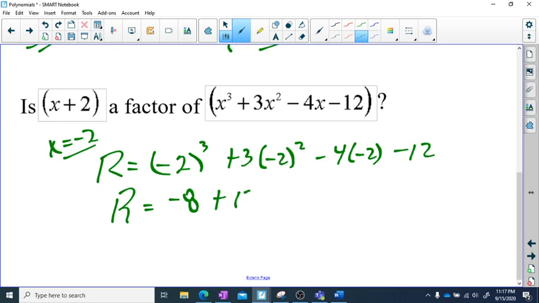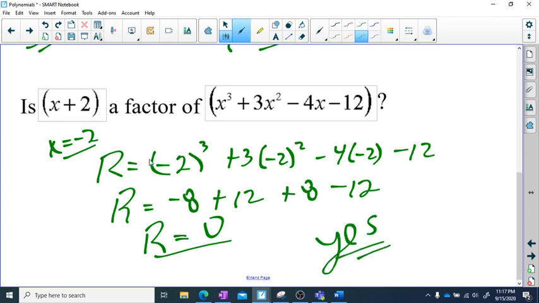This will give me 4 times 3, that's 12. Plus 8. Minus 12, so negative 8 plus 8 is 0, 12 minus 12 is 0. This time, I'm getting 0, which tells me that in this case, the answer would be yes. That binomial is one of the factors of this polynomial.